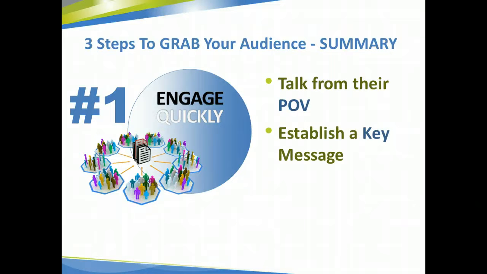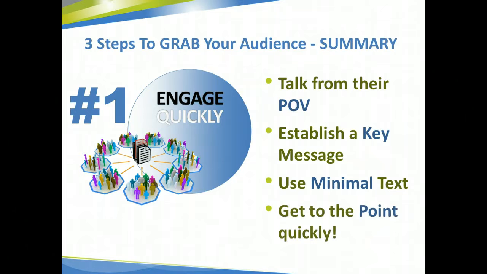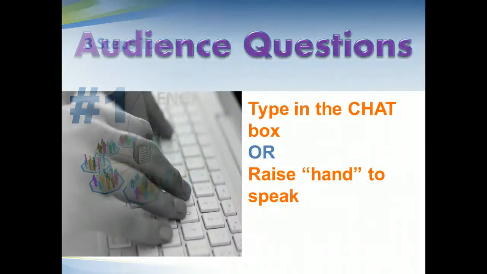You make sure that you are establishing a single key message using as minimal text as possible, and get to the point quickly. Now that you've got their interest and they're ready to listen, maybe now you can begin to carry on with the rest of how your solution can actually help them.